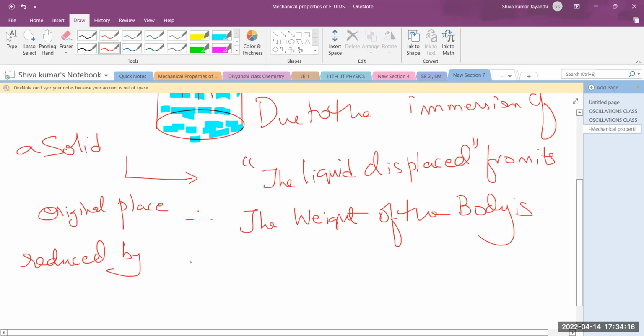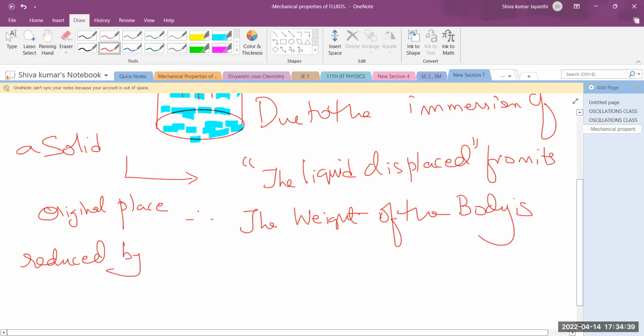You put it in water, you will not weigh 10 kg. You will feel it is some 8 kg, 7 kg, something like that. Why? Because the weight that is reduced is due to the equivalent amount of water that is being displaced by the volume of this immersed solid in that liquid.